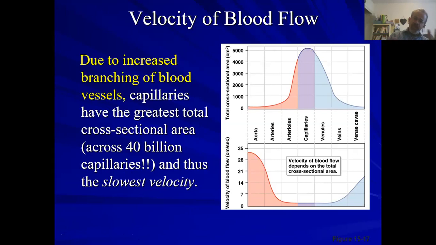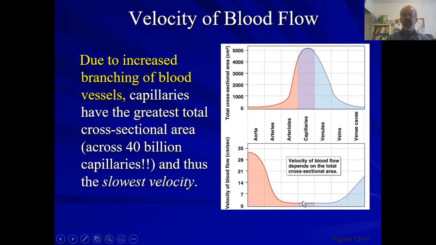There's a strong relationship between surface area and velocity. In the case of capillaries, the greater the surface area of these small little vessels, the slower the velocity.